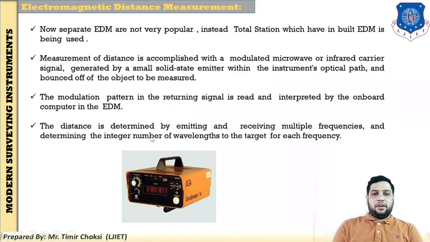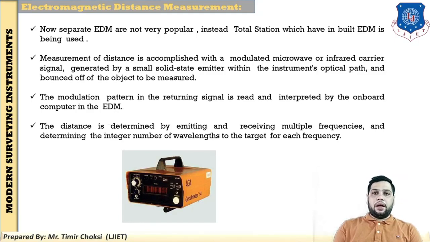First, electromagnetic distance measurement. I have explained the different types of methods in a previous session. Second is the electromagnetic wave and electromagnetic spectrum.